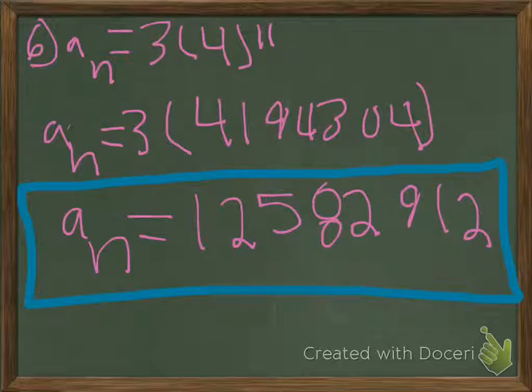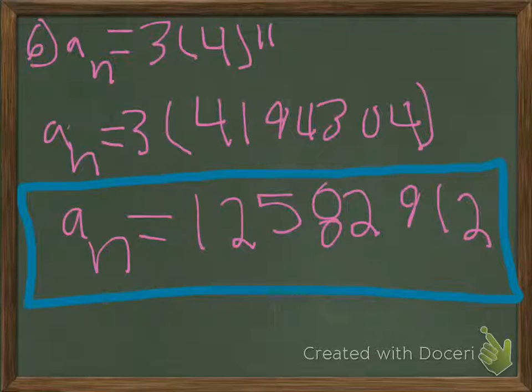6. What is the 12th term for this sequence? 3, 12, 48. So from 3 to 12 and from 12 to 48, it's a times 4 difference. So therefore, I take the geometric sequence, and you get an equals 3 times 4 to the 11th power.